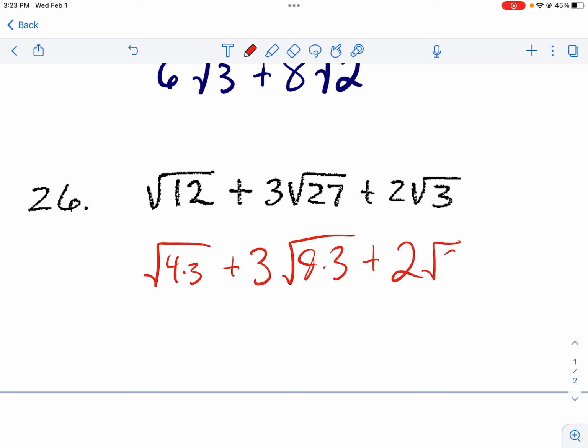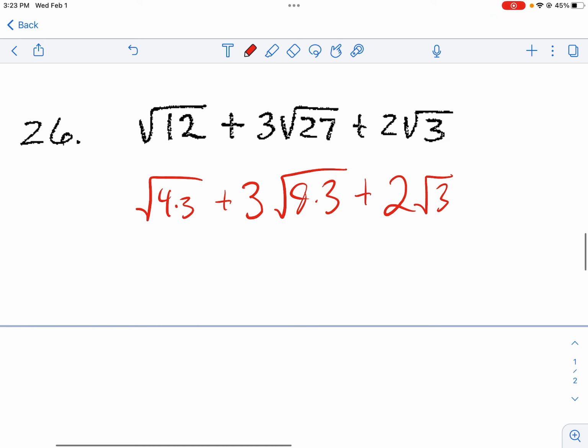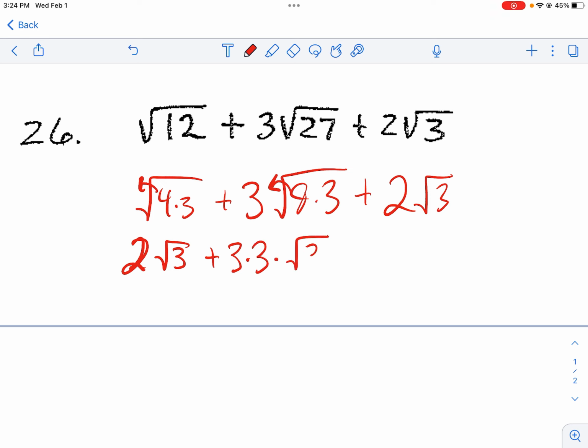And 2 square root of 3, I'm thinking that's non-reducible. So that 4 square root of 3, I pull out the 4, that becomes a 2 times square root of 3. And that 3 times square root of 27, because I pull out the 9, I get a 3 on the outside. So 3 times 3 square root of 3 plus 2 square root of 3.